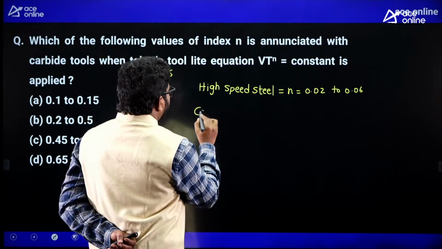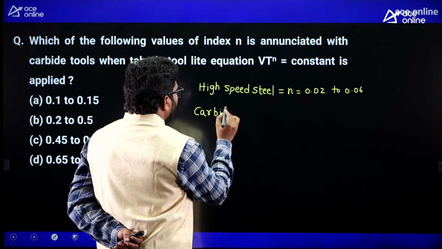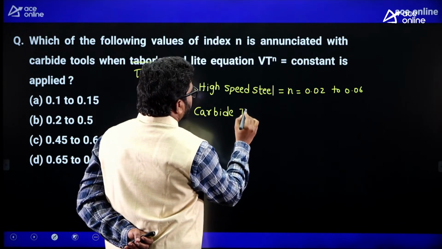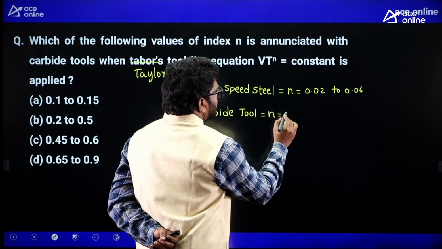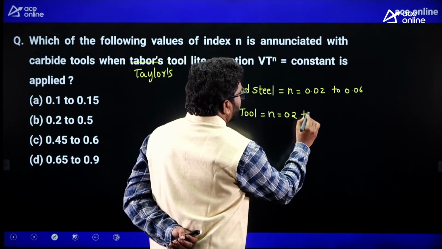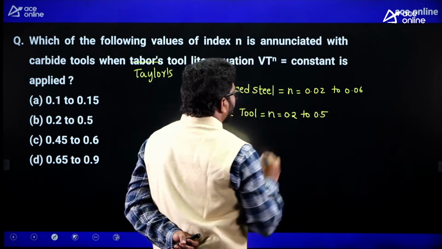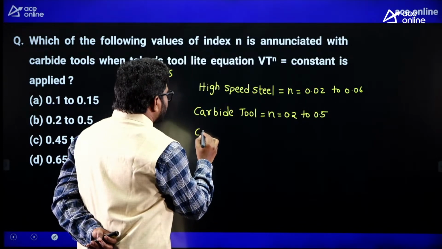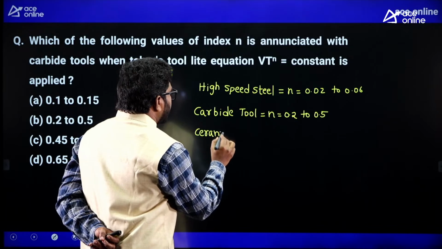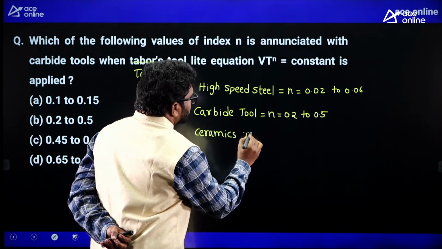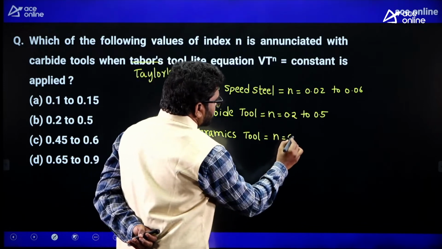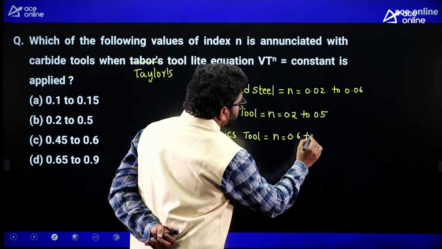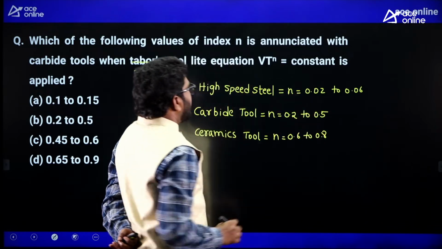In case of carbide tools, the value of n is 0.2 to 0.5 approximately. In case of ceramic tool materials, the value of n is 0.5 or 0.6 to 0.8.